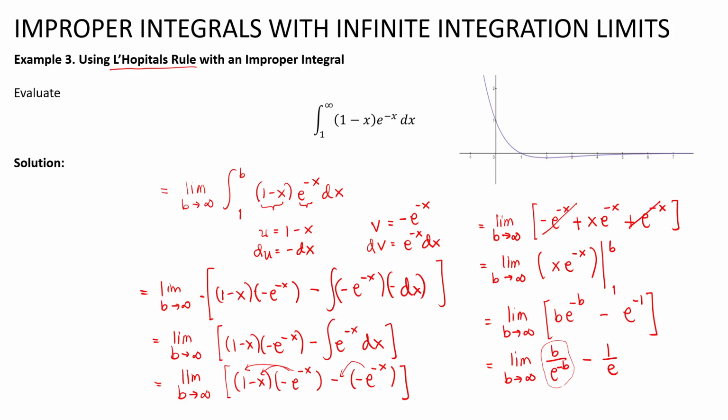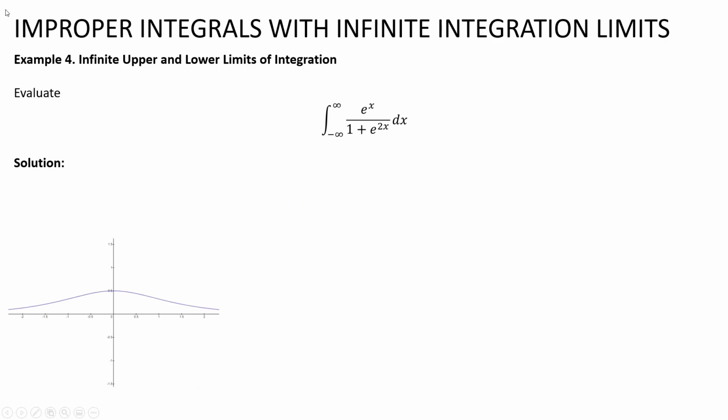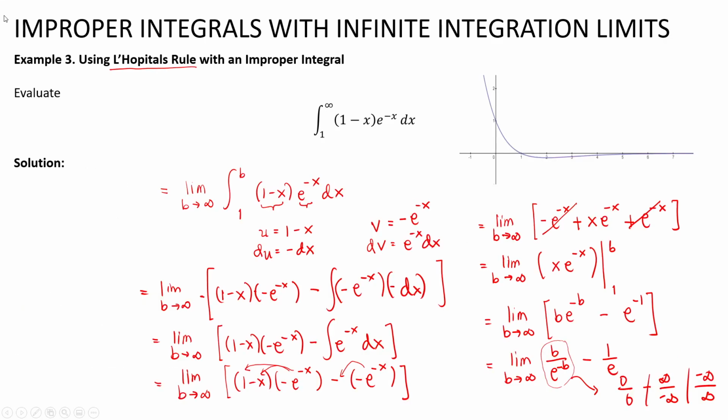So if you try to evaluate this value and the answer is 0 over 0, or infinity over negative infinity, or negative infinity to infinity, those are your indeterminate forms. That's why we need to evaluate the first term using L'Hopital's rule.